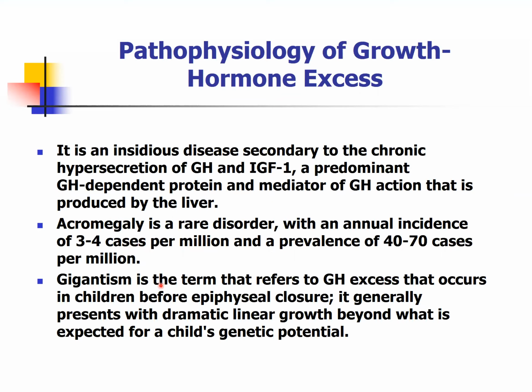Now, gigantism is the term used when we have a growth hormone excess that occurs in children before the epiphyseal closure occurs, and generally presents with dramatic linear growth beyond what is expected for a child's genetic potential.